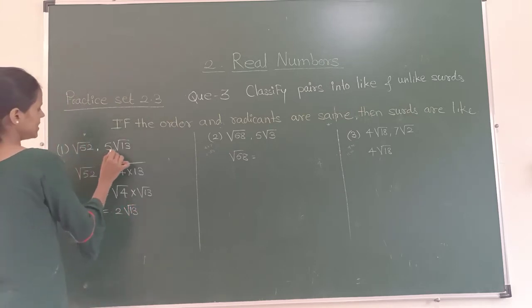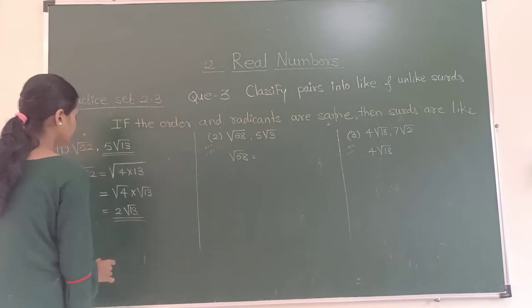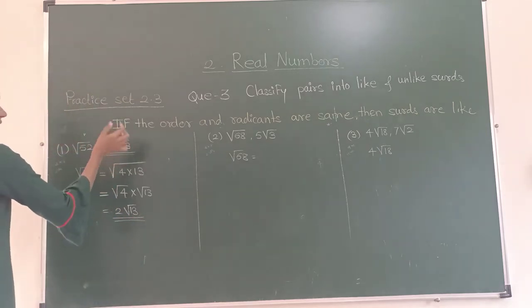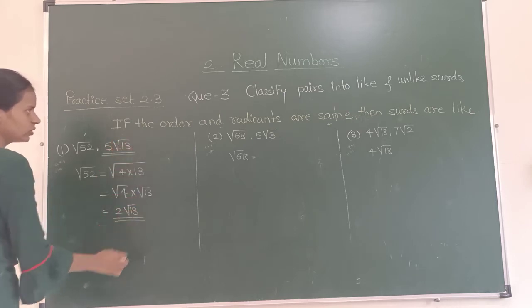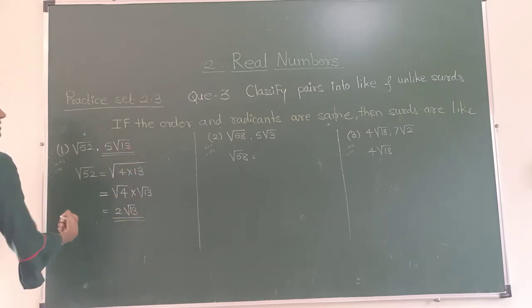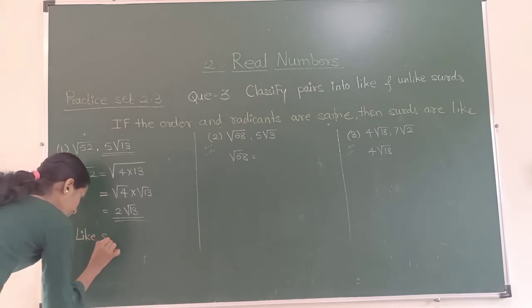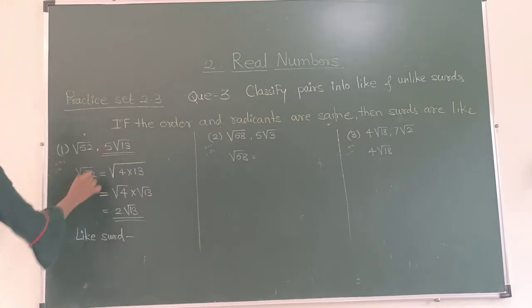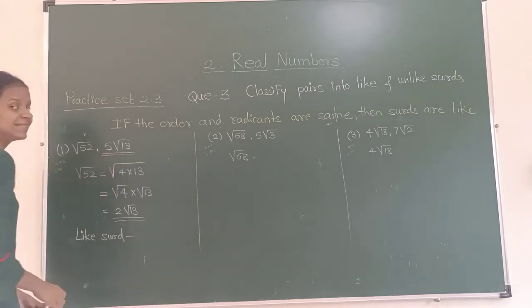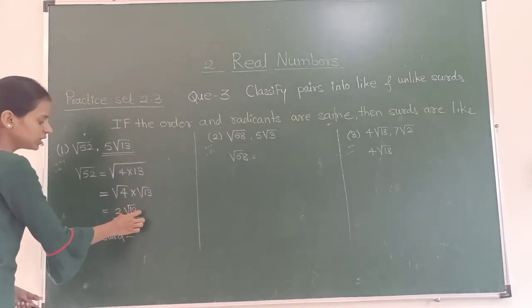So you can see here 5 under root of 13 and 2 under root of 13. The order is the same, that is 2, and the radicands are also the same, that is root 13 and root 13. Therefore this is a like surd. You have to justify here: the order of the given two surds is the same, and the radicands are also the same, that is root 13.